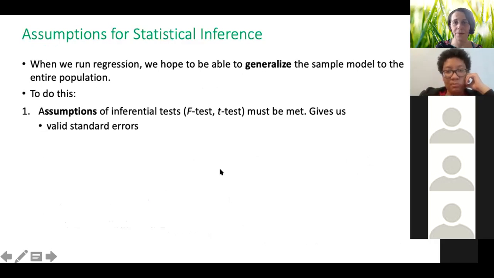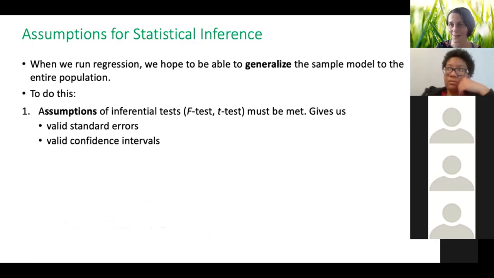Okay, and if we are meeting those assumptions, then we can be sure that a number of things are okay. The first is that our standard errors are valid, right? Not inflated, and not too small. So we are not underestimating them, and we're also not overestimating them.